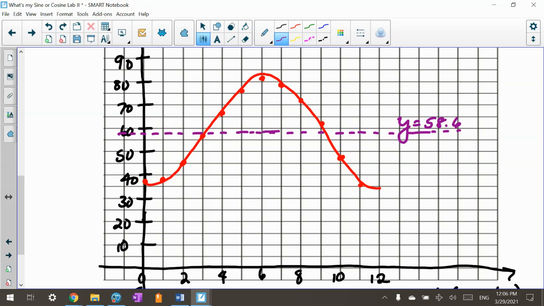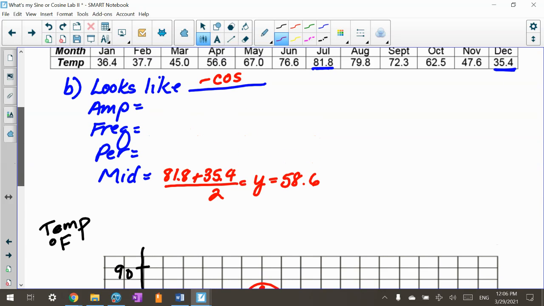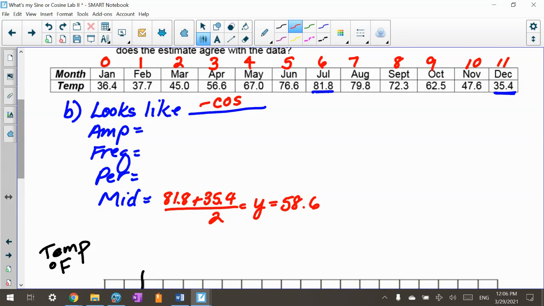Now my amplitude is high minus my midline. So the high is 81.8 minus my midline, 58.6, and I get 23.2. My period, even though it's going from 0 to 11, is still 12 months.